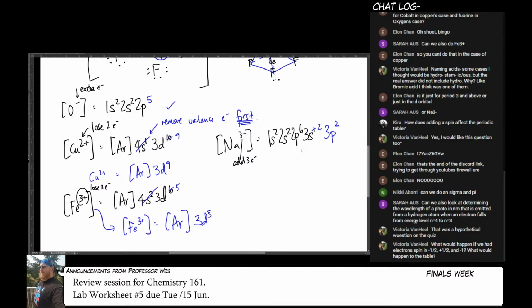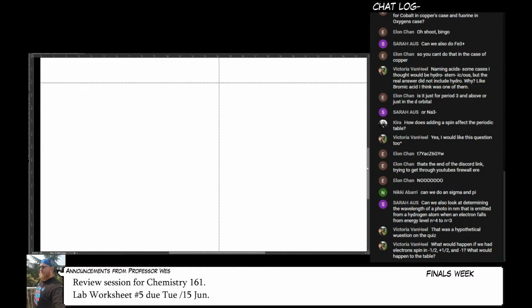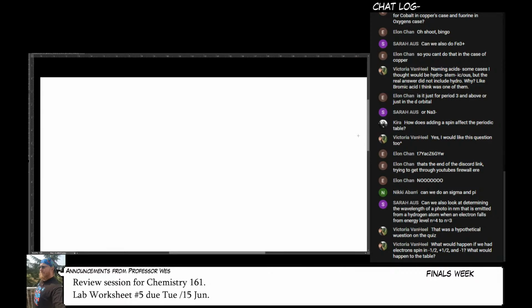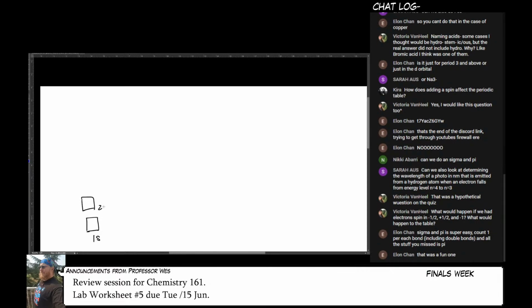Okay. So if there were multiple spins available, then what would happen is the following. You guys are digging into my special question. When we draw the electron configuration diagram, it looks something like this, right?